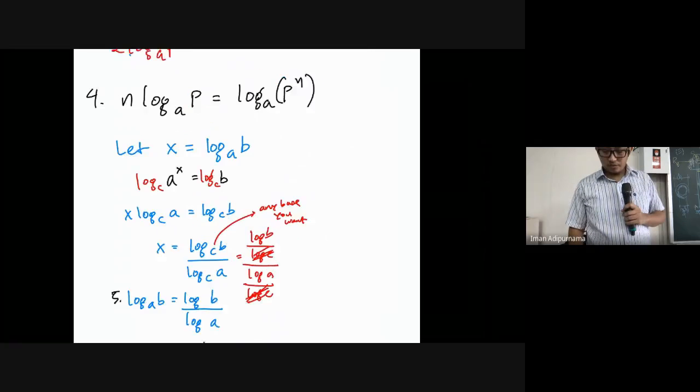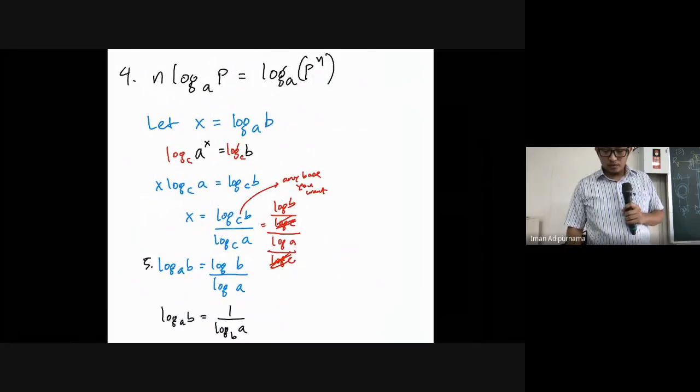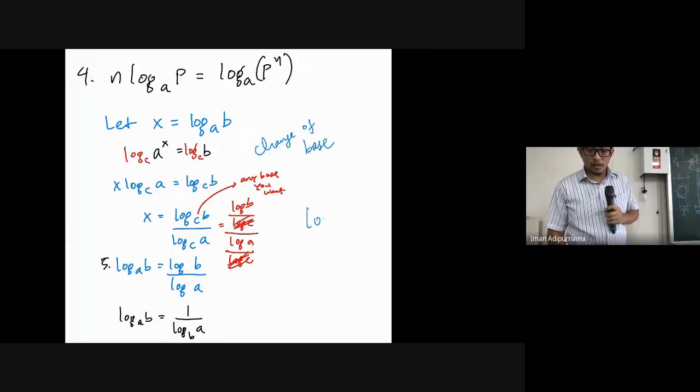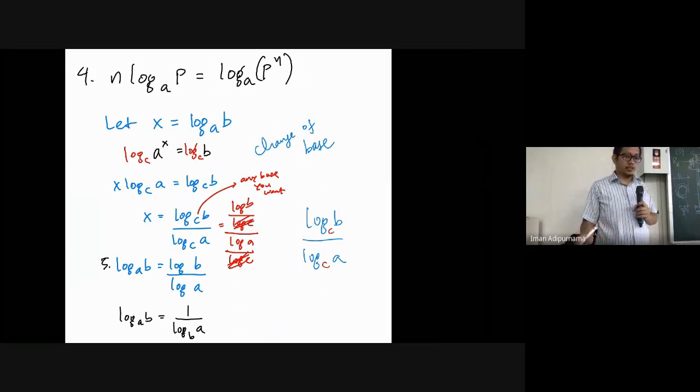And also, this is what we call change of base. Let me write change of base. If you have log b over log a, you can have any c you want. You can change the c because it doesn't matter.